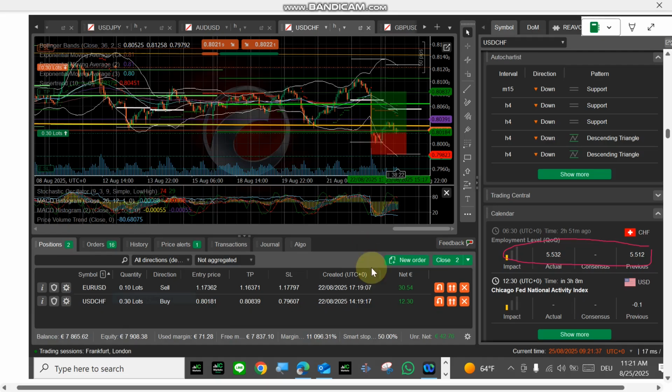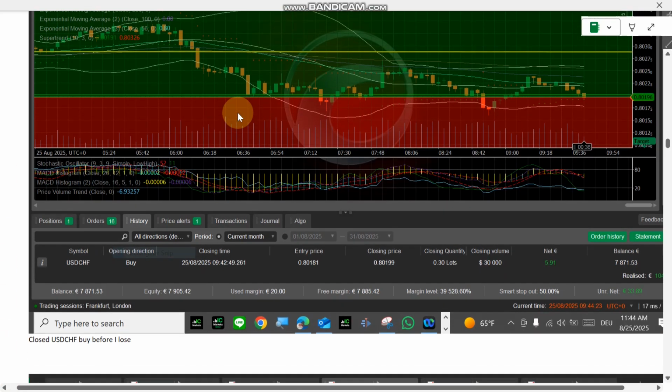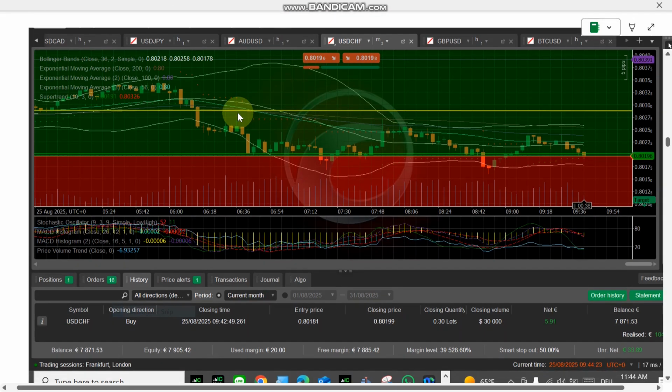The position activated from last Friday, the 22nd, is still running on US Swiss franc, and I don't know if I should close it, because I have to keep an eye on it.